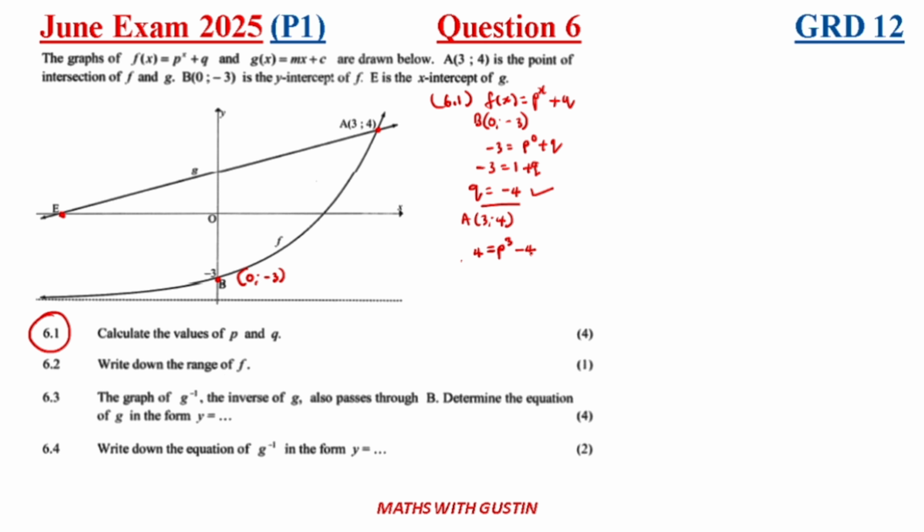It's -4. So therefore, to find P, you must take this to this side. Basically here guys, I'm substituting it into this equation right here. Don't get confused. We already know the value of Q, so I'm substituting it into this equation right here. So don't get confused about where I am substituting this from.